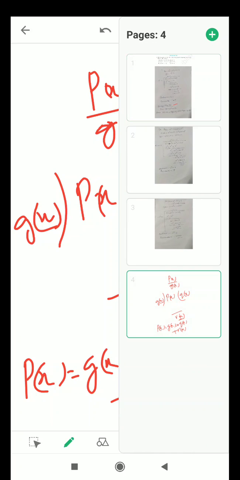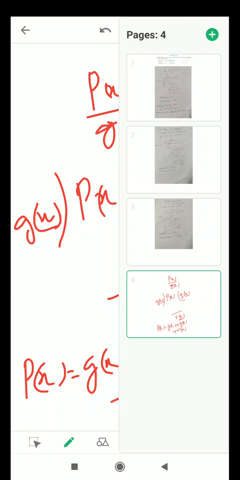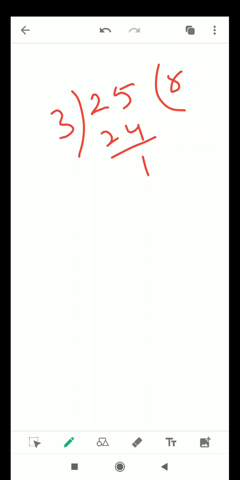Similarly, if I take a number divided by another number, for example 25 divided by 3. 3 8s are 24, so the remainder is 1.